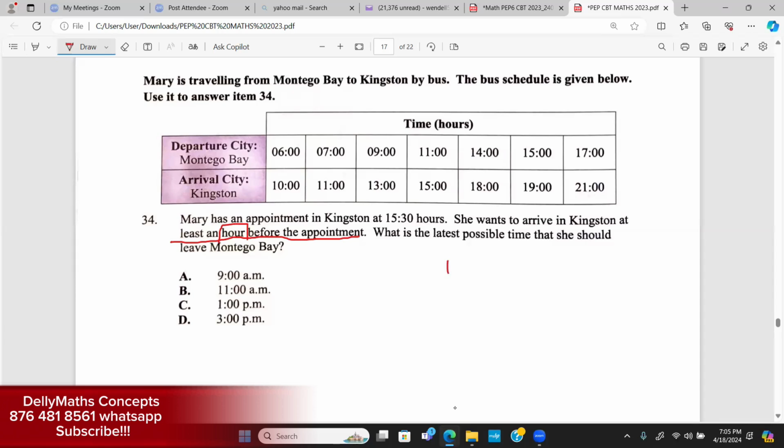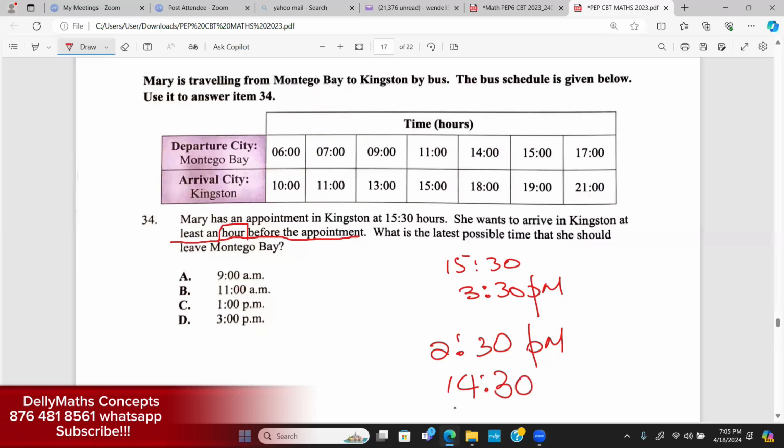Now watch this. 15:30 is the same thing as 3:30 p.m. If she wants to reach an hour before, she wants to reach by 2:30 p.m. at the latest, which is 14:30.